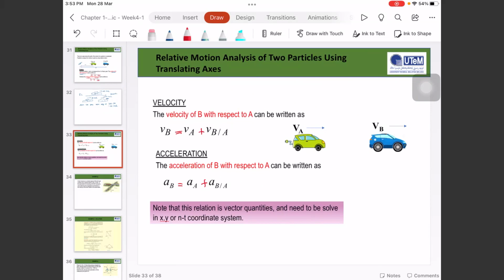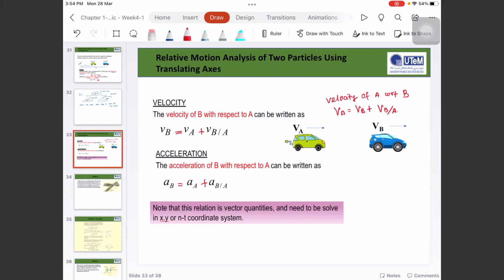So if you have velocity of A with respect to B, you have VA. Right? So the acceleration of B with respect to A, you have this equation.